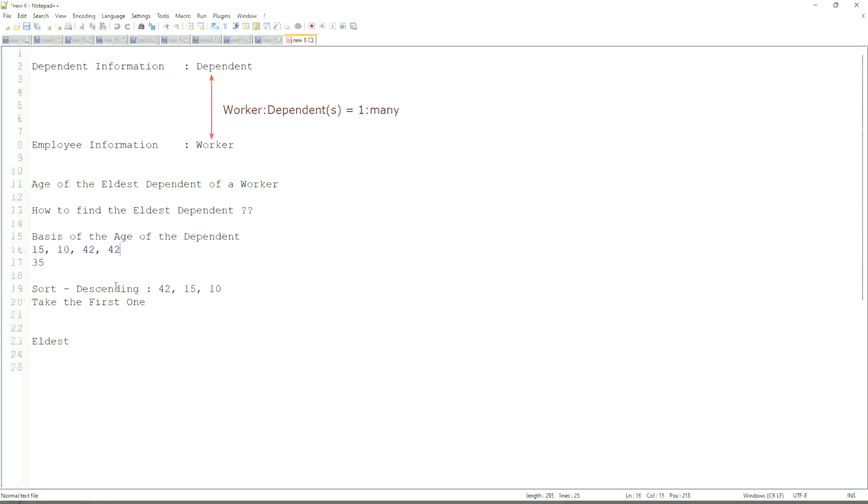Okay. But in this case, even if you have more numbers like 42, 43, 75, 82, and so on, if one worker has so many dependents with these ages, is the logic that we have defined absolutely bulletproof?